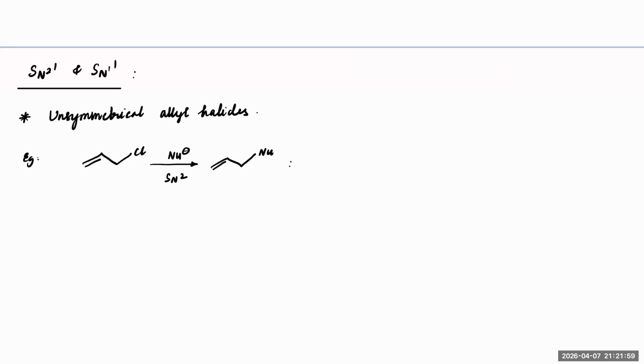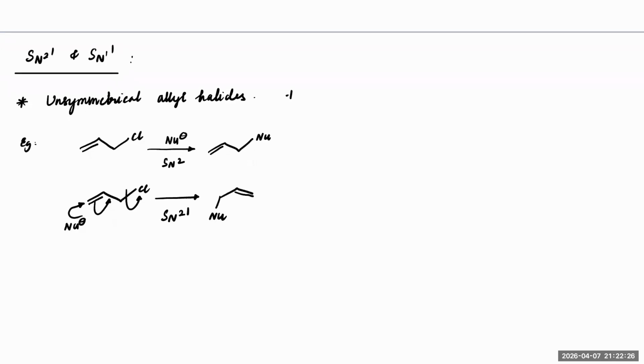Or in fact, you will notice that if you have it this way, the attack of the nucleophile could actually happen here also. The double bond will shift, this group will shift. In that case, we are getting the same product, correct? But this mechanism type is called SN2 prime.